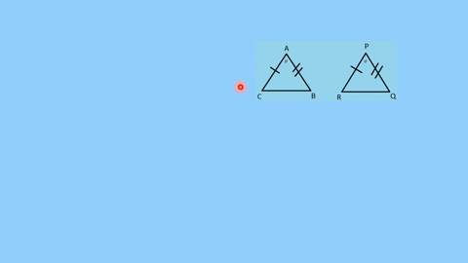Now we have these 2 triangles. Triangle ABC is congruent to triangle PQR. Side, angle, side. Now let's have a look at this.